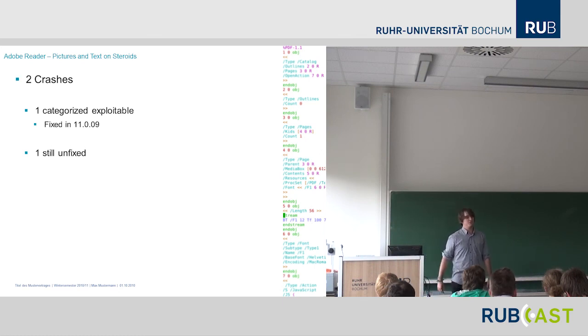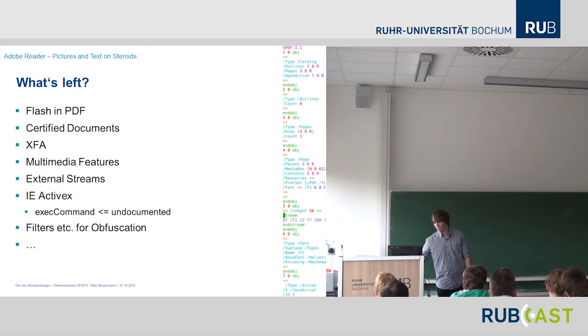The first one was categorized exploitable, but it seems someone else found it before because it was fixed in the last patch. Another one which I found is still unfixed. They said I shouldn't show you the code. At least they want to see themselves if it's exploitable or not. If it's not exploitable, I'm allowed to show it to you.